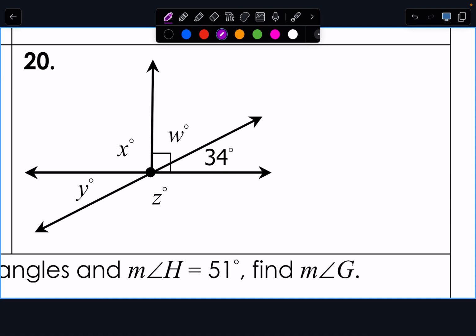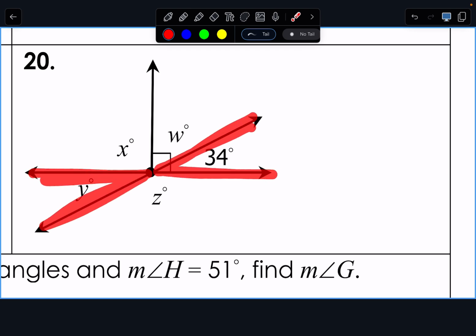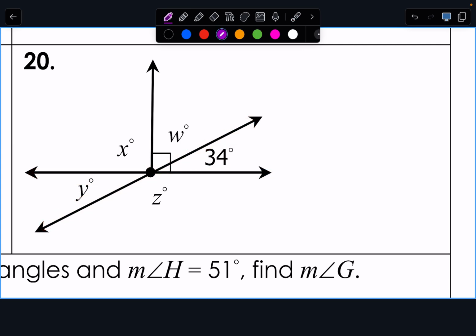W and what? 34. Okay, so we'll get to that. That takes a little bit of math. There's 2 that take 0 math. Y. What is Y? 34. Y is 34 because we have vertical angles.